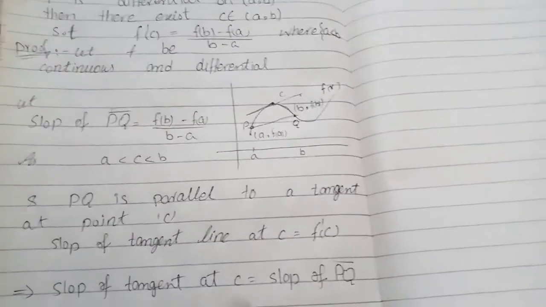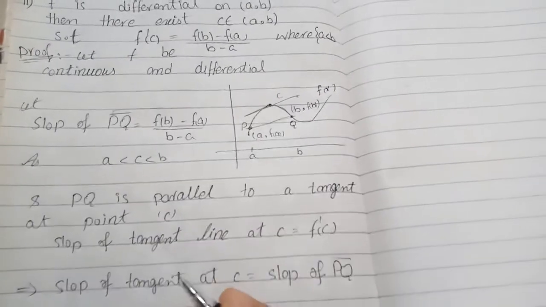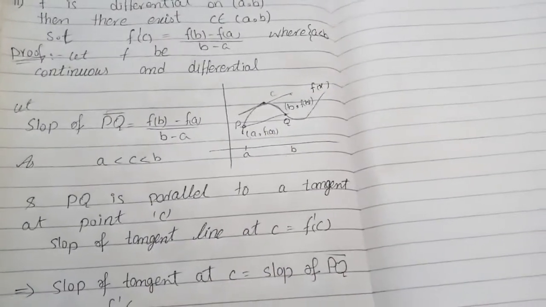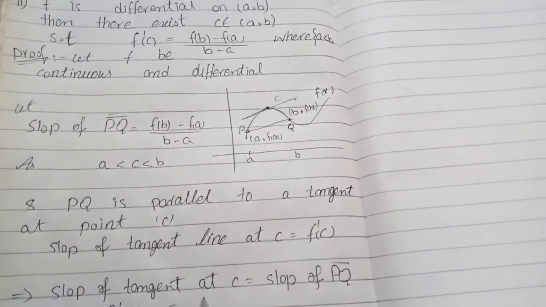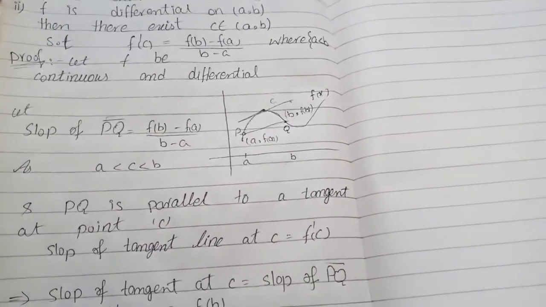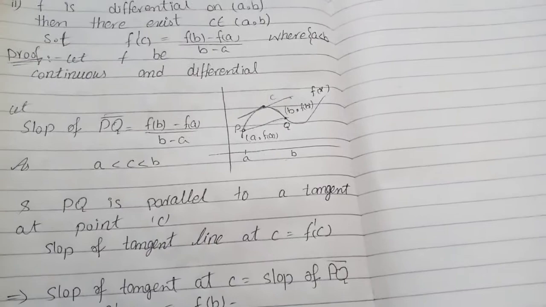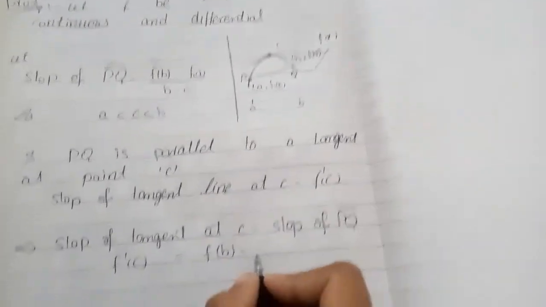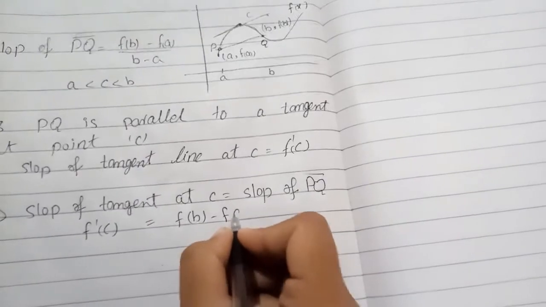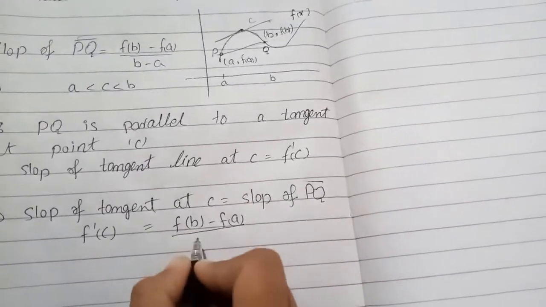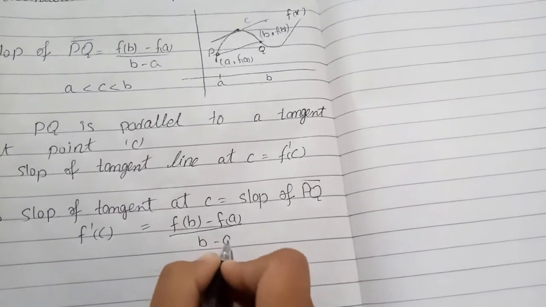The slope of the tangent is f dash of c, and the slope of PQ, which we found before, is f of b minus f of a over b minus a.